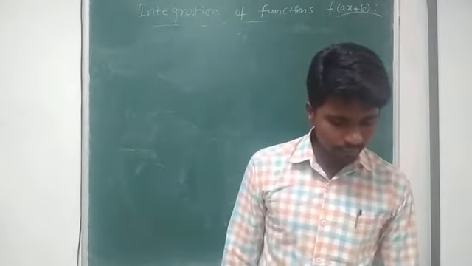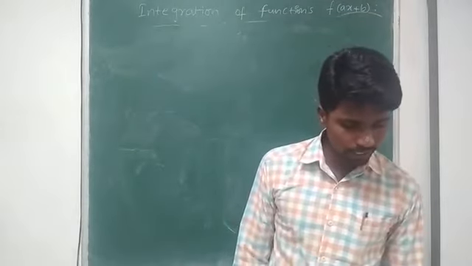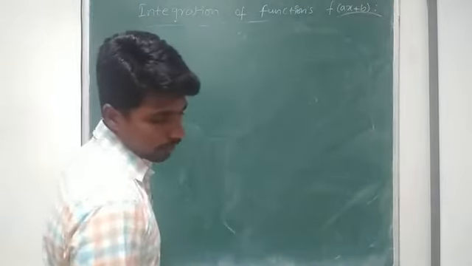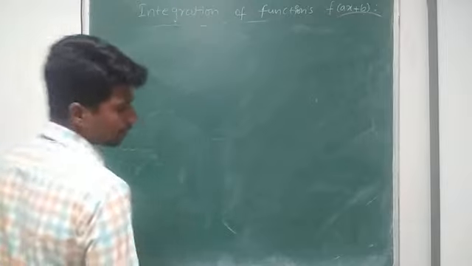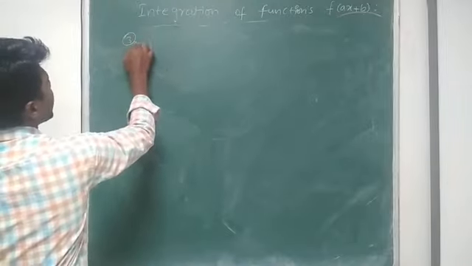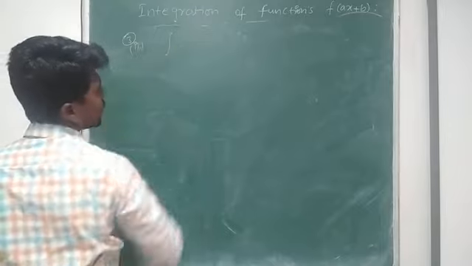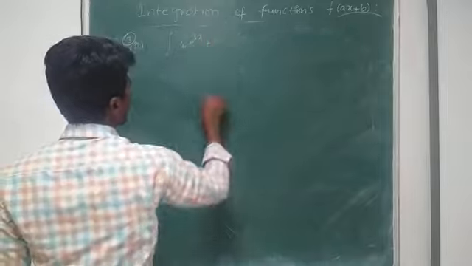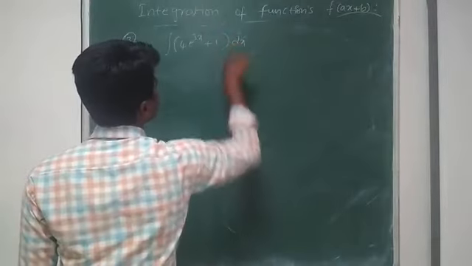Take the second one, 4 e power 3x plus 1. So I take directly integral 4 e power 3x plus 1 dx.